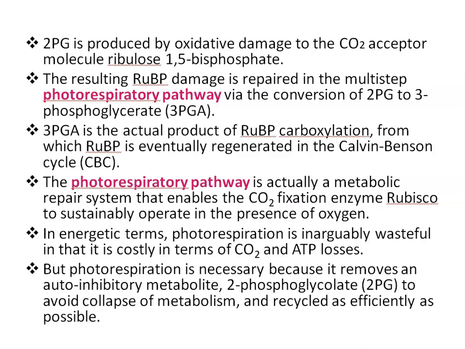And we know 3-PGA is the actual product of ribulose bisphosphate carboxylation, from which ribulose 1,5-bisphosphate is eventually regenerated in the Calvin-Benson cycle. The photorespiratory pathway is actually a metabolic repair system that enables the carbon dioxide fixation enzyme Rubisco to sustainably operate in the presence of oxygen.